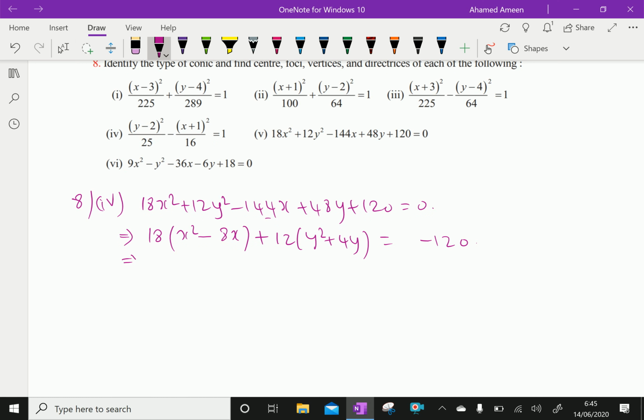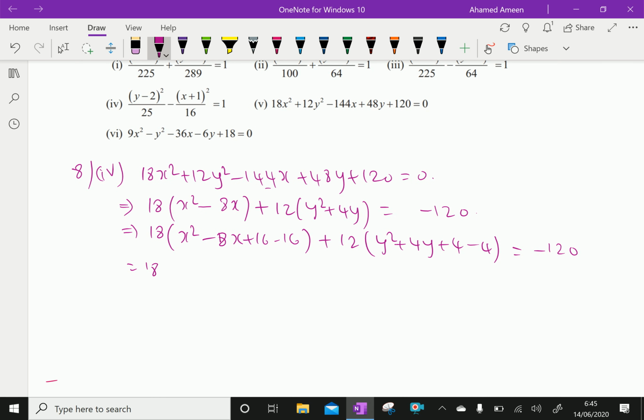First 18 into x square minus 8x, half of 8 is 4, so 4 squared is 16. Adding 16, subtracting 16, plus 12 into y square plus 4y, half of 4y is 2y, 2 squared is 4, adding 4, subtracting 4, equal minus 120.